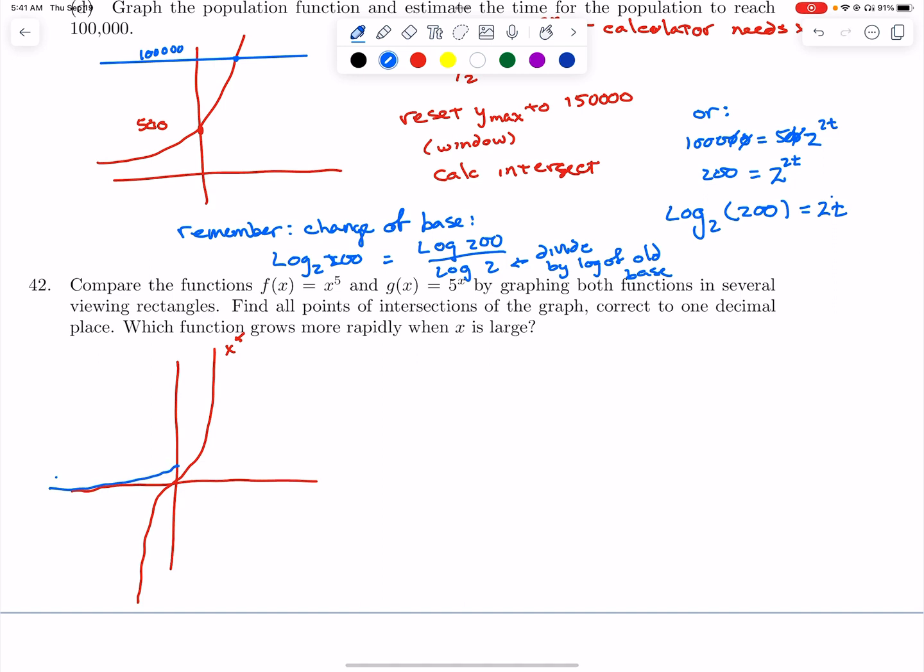Let's do 0, 1. It crosses, but then I'm going to have to draw it very vertically. It doesn't go backwards, but it's much steeper than x to the 5th. It actually crosses twice on its way towards glory. So 5 to the x eventually grows faster than x to the 5th.